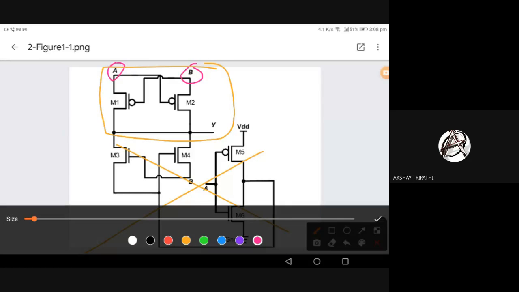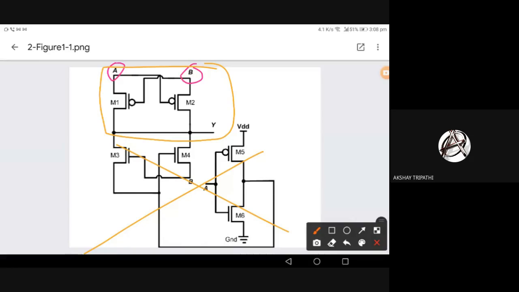So if we think like this, from different conditions we can see: A is 0, B is 0. We know both transistors are on, so the output is definitely 0. Now what about 1 1? We can say both transistors are off, M1 is off, M2 is off. So the bottom part may be giving some other value. Say A is 1, so the output is 0.